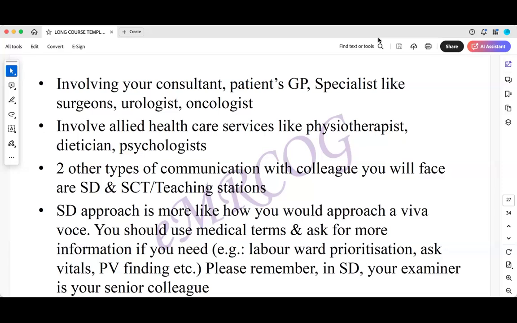And you forgot that you take advice from the microbiologist. This can be a minus point in the domain of communication with colleague and a minus point in applied clinical knowledge as well, right?